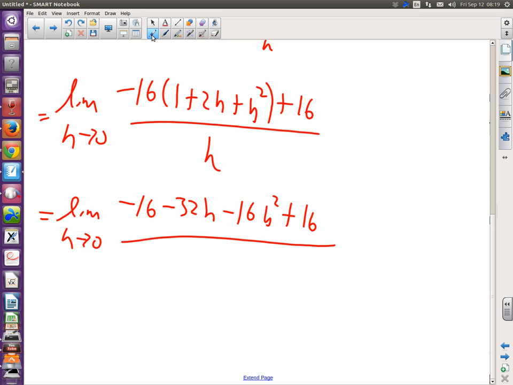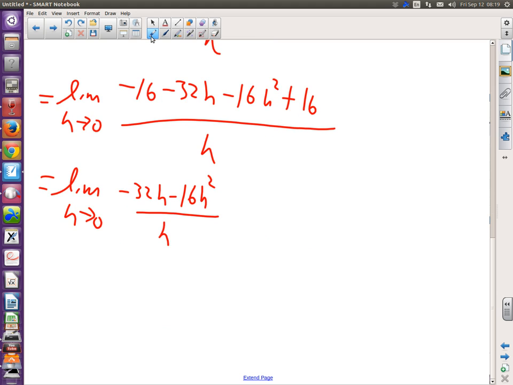And what's nice about that is that the 16s cancel, and you get your limit as h goes to 0 of negative 32h minus 16h squared over h. And what's nice about this is what? You can factor out the h's in the numerator and cancel with the denominator, and you're left with the limit as h goes to 0 of negative 32 minus 16h.